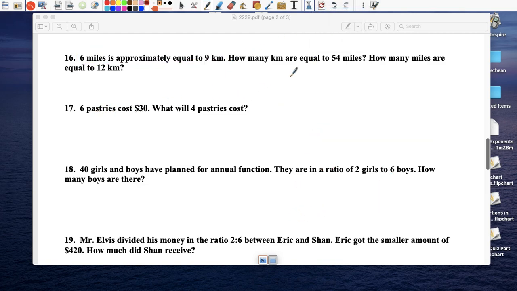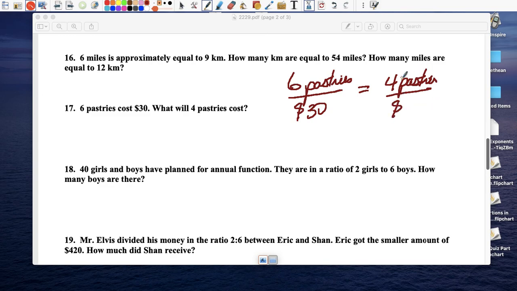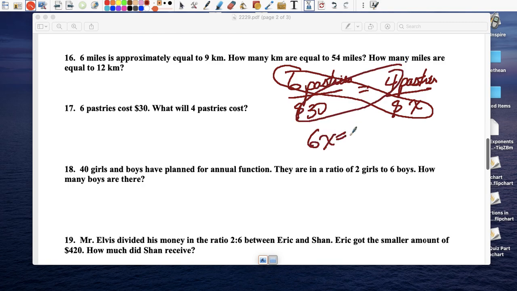6 pastries cost $30. 4 pastries, how much will it cost? We can put an x here. Now, we're going to cross multiply again. 6 times x, 6x. 30 times 4 is 120.